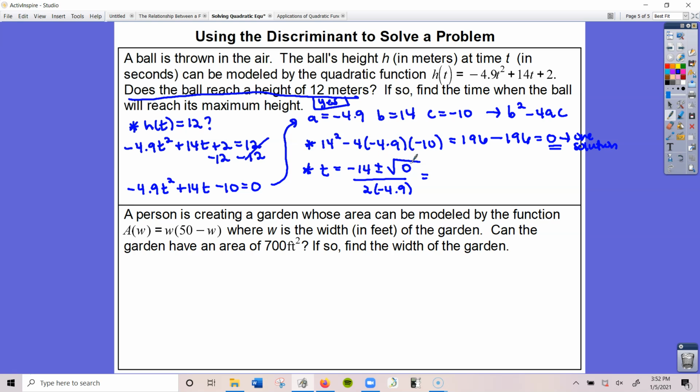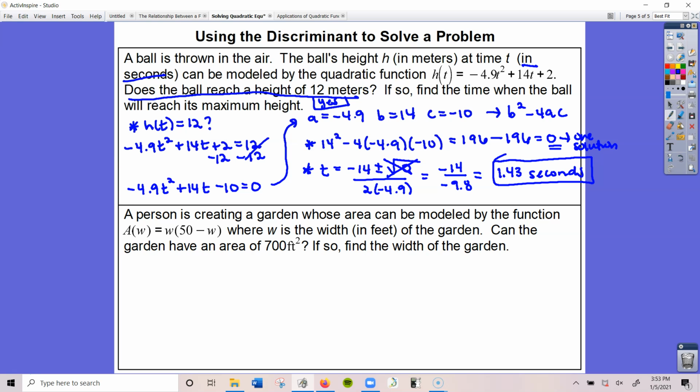Now remember that this gives me one solution, so if I add or subtract 0, it doesn't matter. So this is simply negative 14 divided by 2 times negative 4.9, which is negative 9.8. When you divide negative 14 by negative 9.8, we get 1.43. This is my time, and the time is in seconds. So we would say that the ball will reach its maximum height at 1.43 seconds.